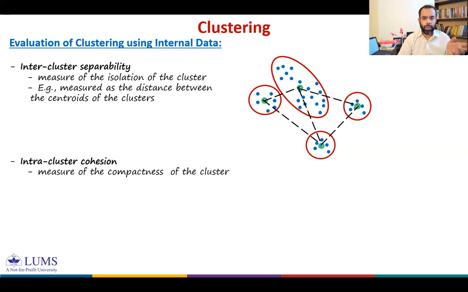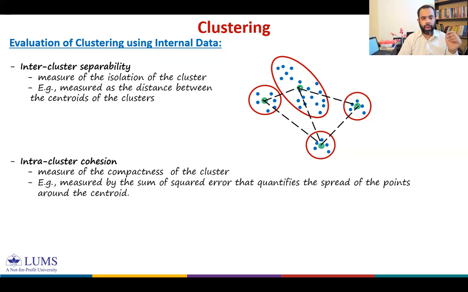A measure which is very frequently used for intra-cluster cohesion is the sum of squared error that quantifies the spread of the points around the centroid. So you take the error between the centroid and every data point, and we square this error and we sum for all the points inside the cluster.